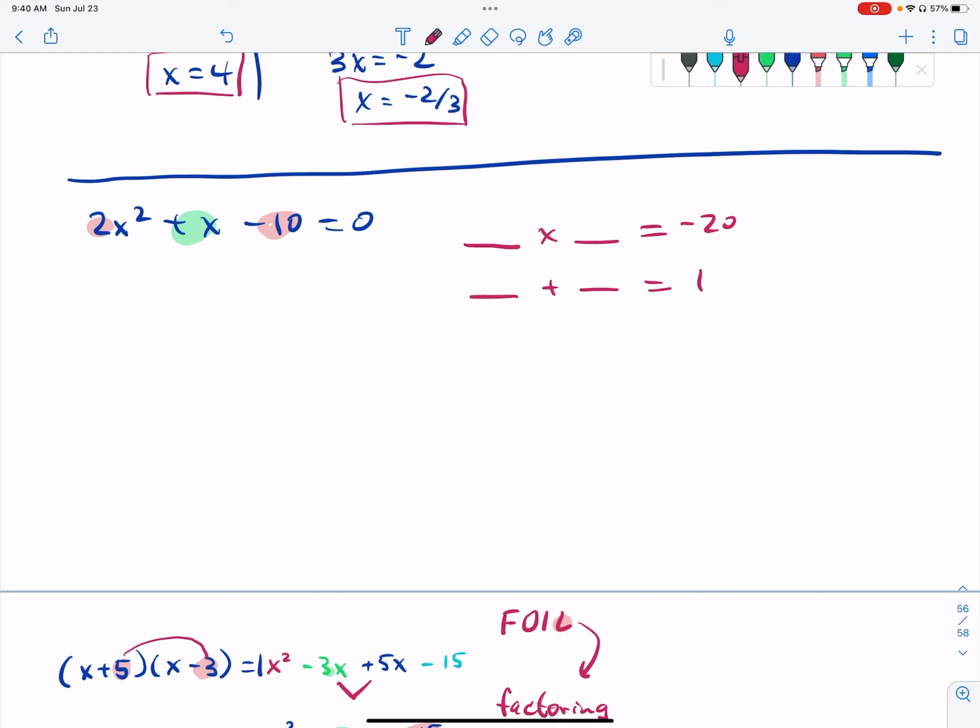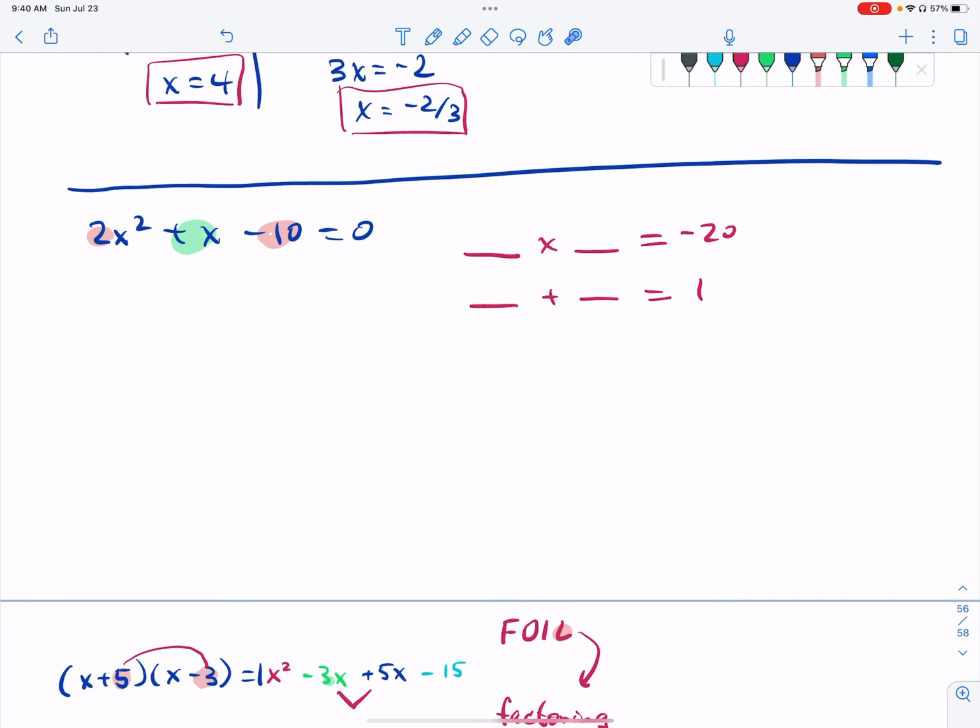So what times what gives us negative 20 and adds up to 1? They have to be different signs. The bigger one is positive, and they have a difference of 1. They're 1 apart from each other. And those two factors are going to be 5 and 4.